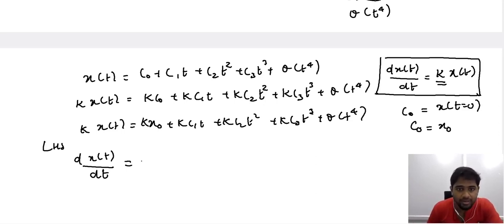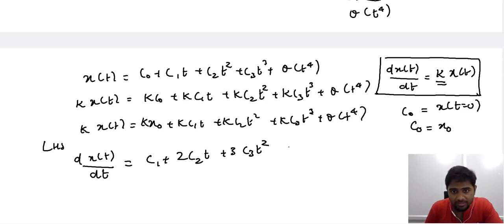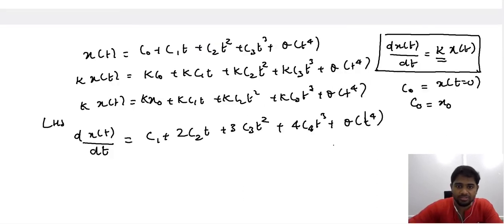When we do that, this expression changes to C1 plus 2 C2t plus 3 C3 t square, and you observe a pattern, 4 C4 t cube, then the order of t4. What we have essentially done is take the derivative of this series here.